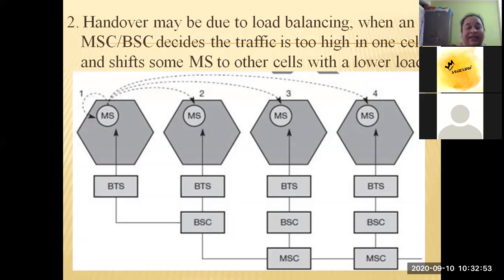So in that case also the mobile station will shift from the heavily loaded MSC or BSC to a lower load MSC or BSC. In that way also handover may take place.